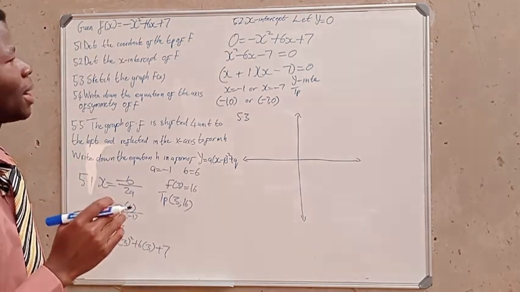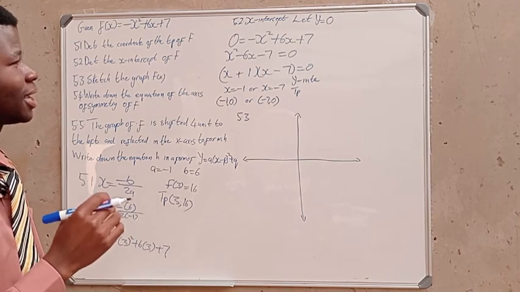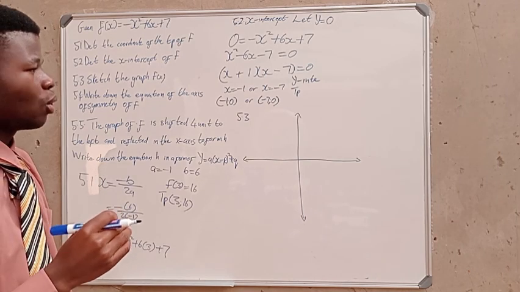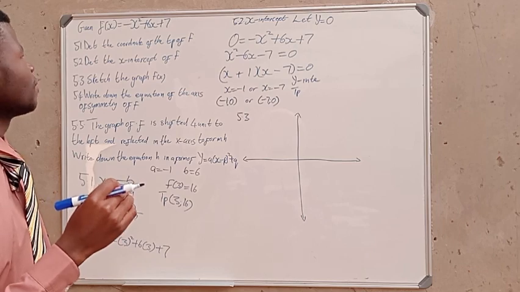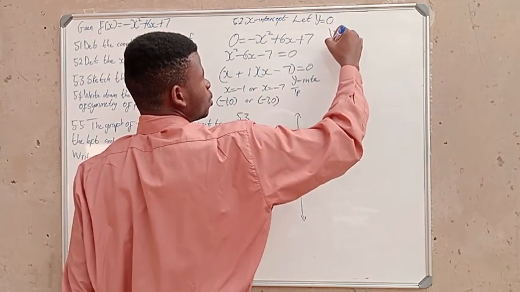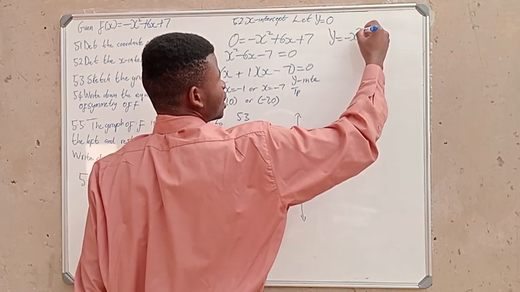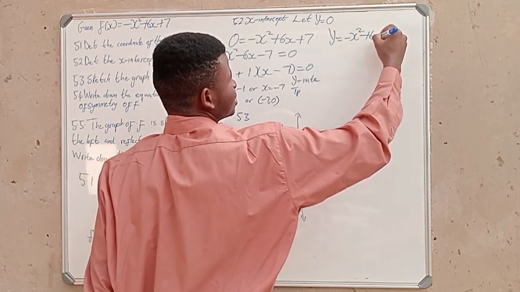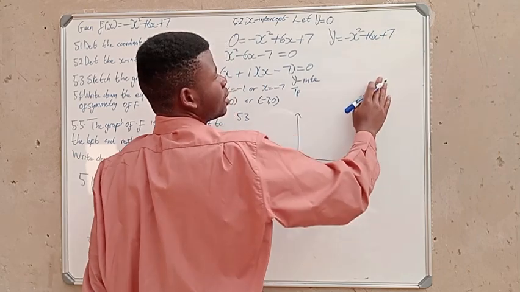So when we have a parabola, guys, listen to me carefully. If you are looking for your y-intercept, check. We have the equation y is equal to minus x squared plus 6x plus 7.